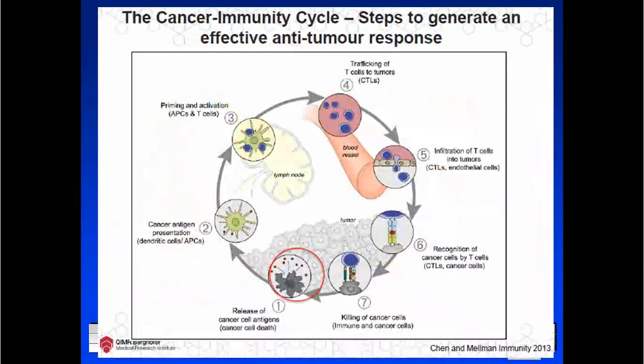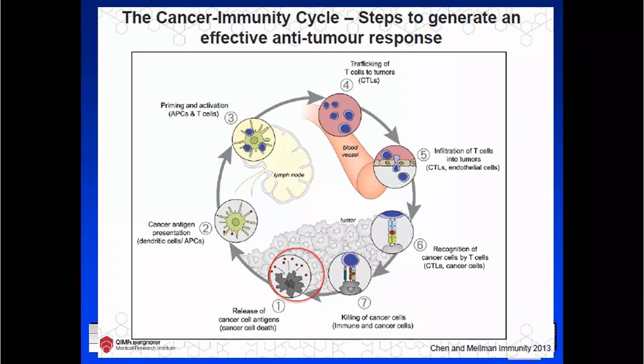The next slide shows the cycle of cancer immunity. As a summary of the cancer immune response, this is just a representation of the cycle in a diagram, starting with step 1, which is the release of the cancer cell antigen resulting from cancer cell death. These antigens are presented by the dendritic cell, and the dendritic cell will prime the T cell and activate the T cell.